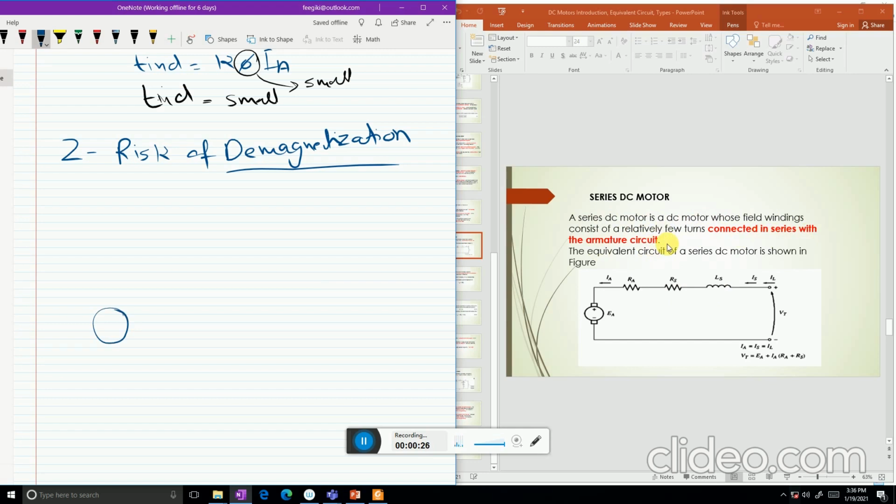If this is the armature voltage, so this series winding and inductance are in series with the armature winding.